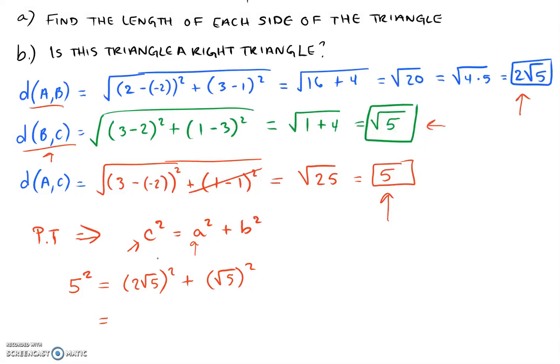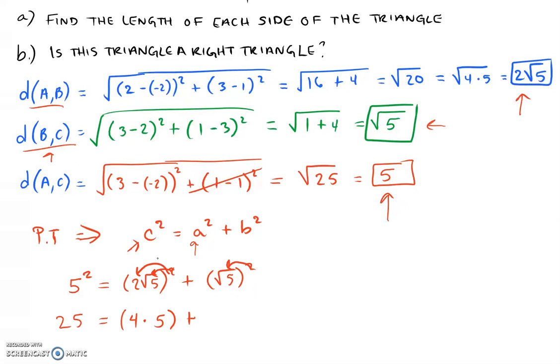So what that means is, take the 5 squared, for example. That's going to be 25. Now if we solve out the other side, this square here is going to square both of these values inside, right? So that would give us a 4 multiplied by a 5, because the square is simply going to knock out that square root on that 5. Same thing here.